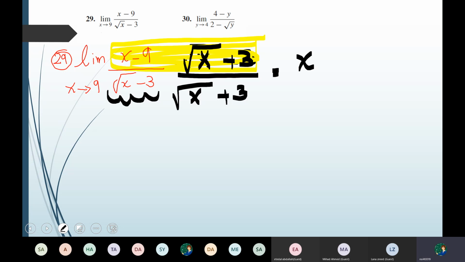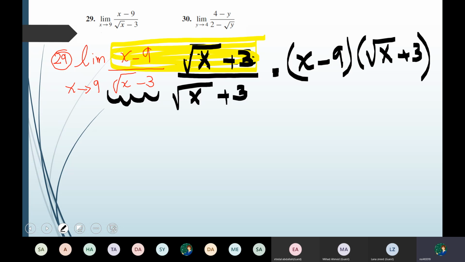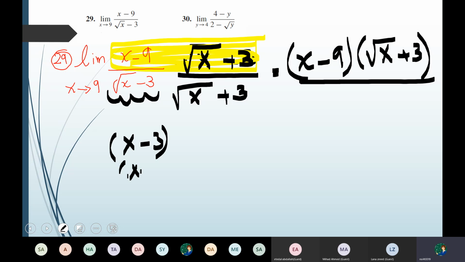You will keep the numerator as x minus 9 times square root of x plus 3, over, as I told you every time, if you multiply it with its opposite, like x minus 3 times x plus 3, you will get x squared minus 9. Here it is the same.